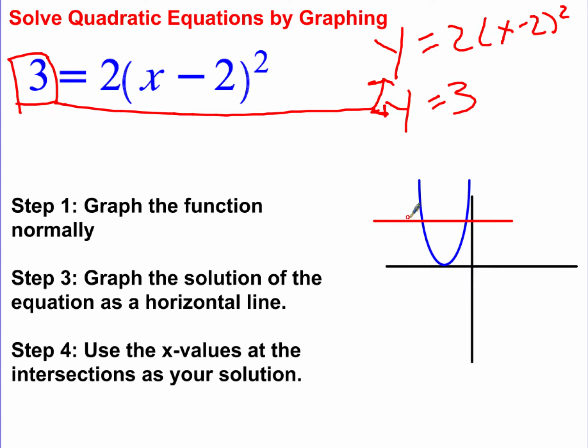So wherever this horizontal line crosses my parabola, the x values right here would be my two solutions for this particular equation. Okay, so treat it like it's a system. Graph your function as normal, and then whatever it was equal to, we're going to use that as y equals whatever that is, because it's really replacing the y here. And then we're going to graph it like it's a system.